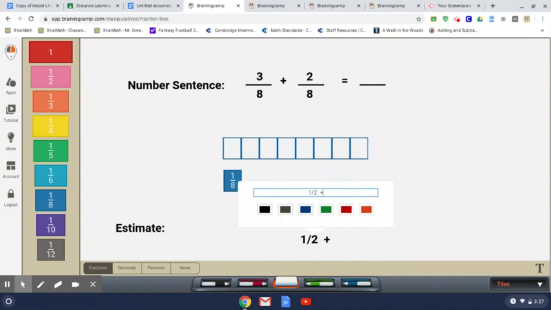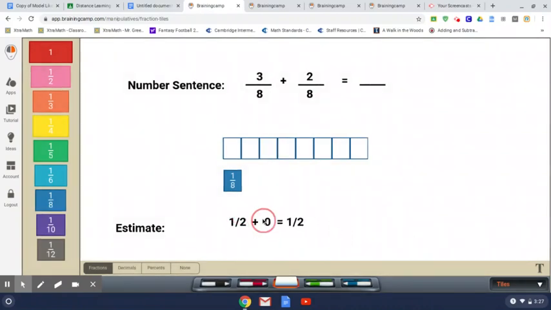And I'm going to add that, it says, to 2/8. Well, 2/8, that's a lot closer to 0. So I'm going to say plus 0 is equivalent to about a half. So I know that my answer for my estimate here, when I'm finished, should be close to a half.